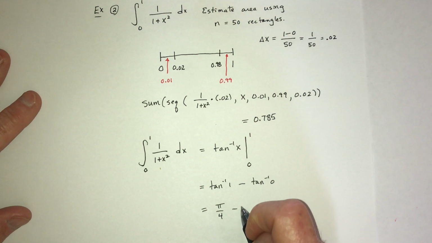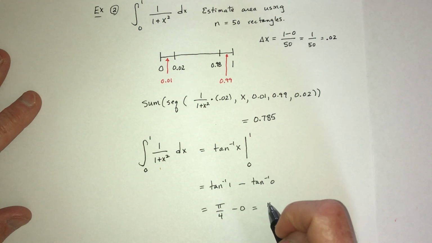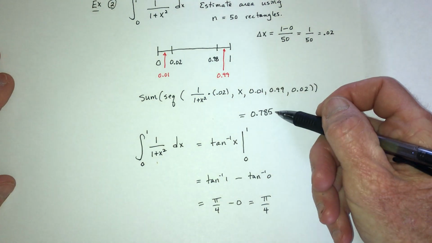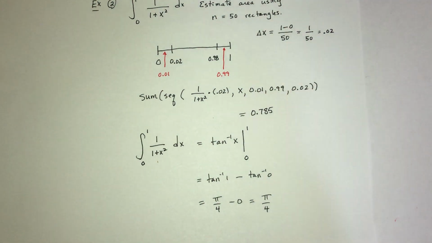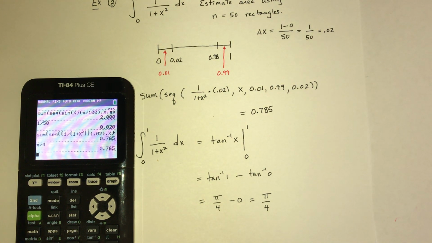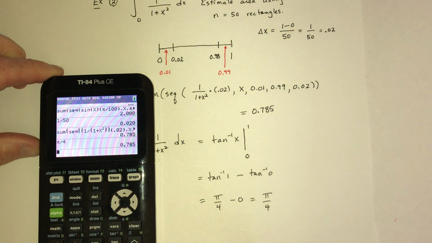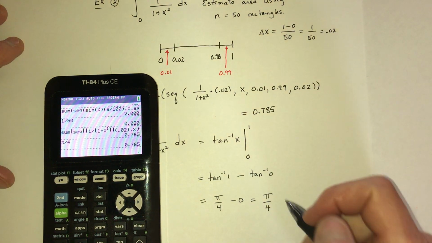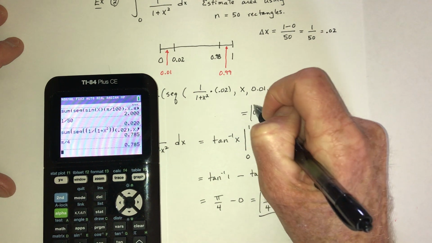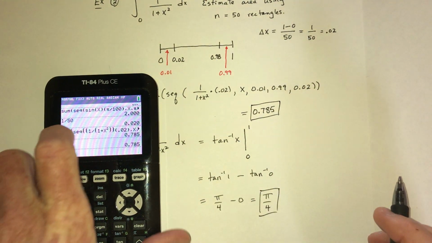Tangent inverse of 0 is 0, which means that the actual answer is pi over 4. Now let's see how our estimate compares with pi over 4. Pi divided by 4 equals 0.785. So this is the actual answer, 0.785, and our estimate was right on.